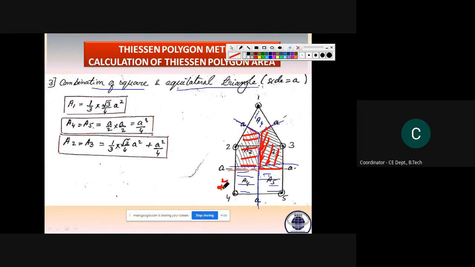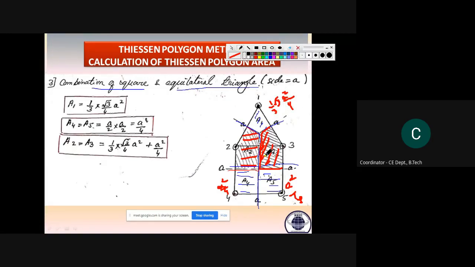This is A square by 4. This is also A square by 4 because this is A by 2, this is A by 2, so the area will be the multiplication. And this one, as I said, is 1/3 of root 3 A square by 4. For A4 it will be 1/3 of root 3 A square by 4.